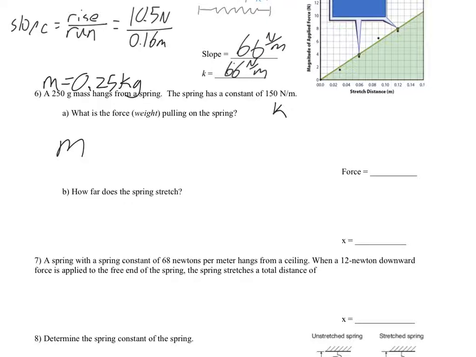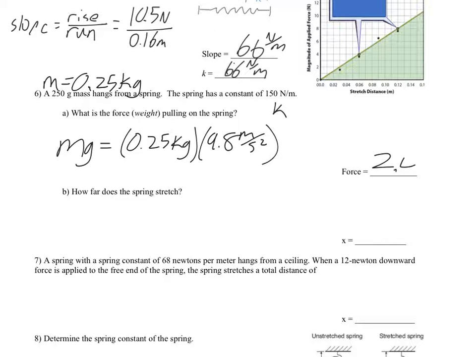So that's equal to mg, which is equal to 0.25 kilograms times 9.8 meters per second squared. And working through that one, you should get about 2.45 newtons is the force pulling on the spring.